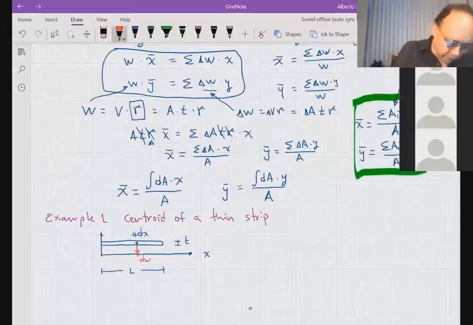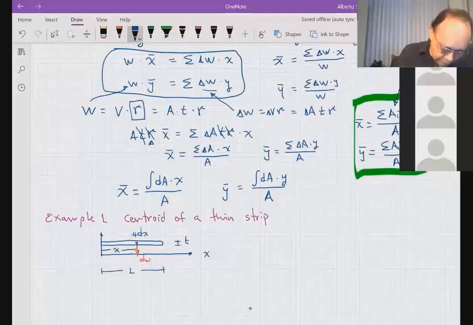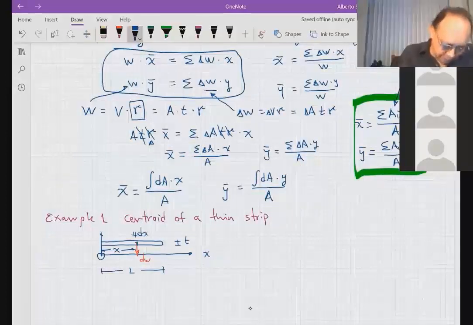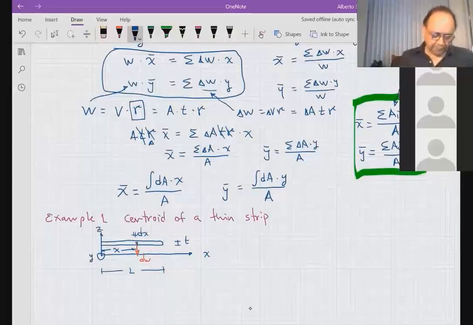The location of that little piece is x. So the moment that this little part of the body produces with respect to the origin, which in the other representation would be the x, y, sorry, the xz.